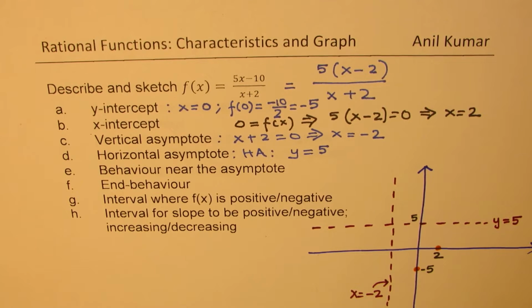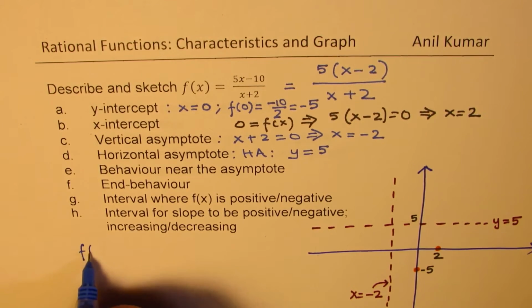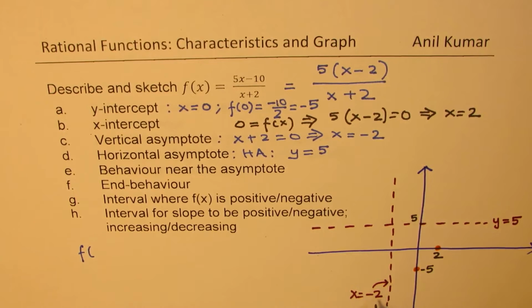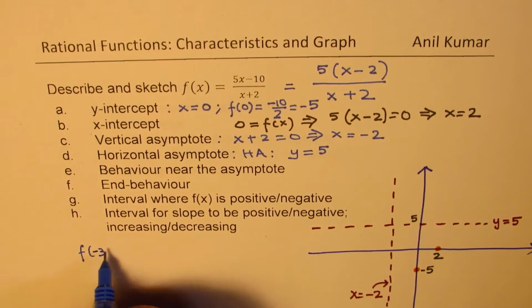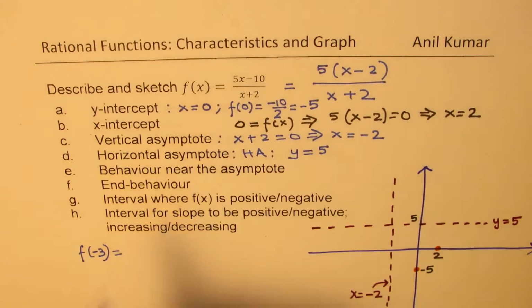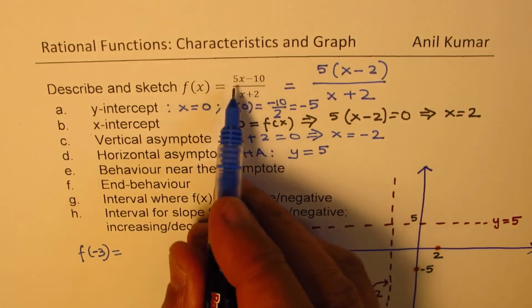So what we can do here to sketch a rough graph, since we have the x equals minus 2 value here, is calculate the value of the function at some more points. One of them is x equals minus 3. If I substitute minus 3 in my equation, what do I get?